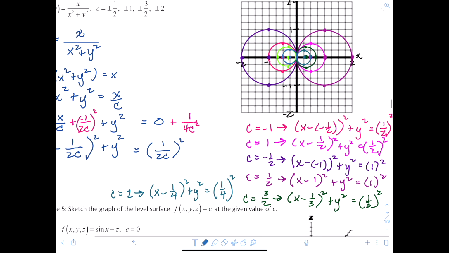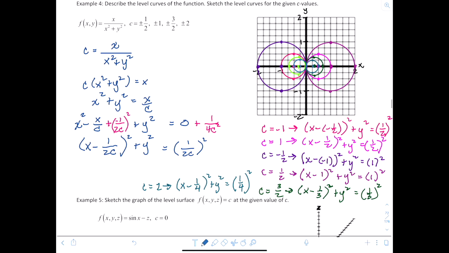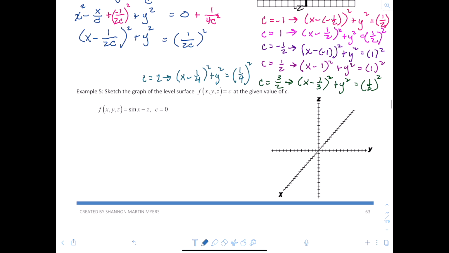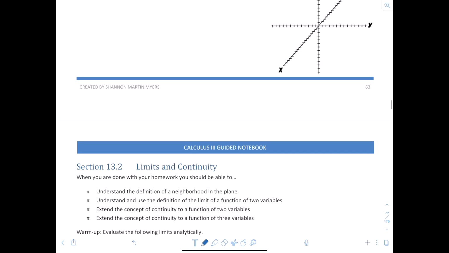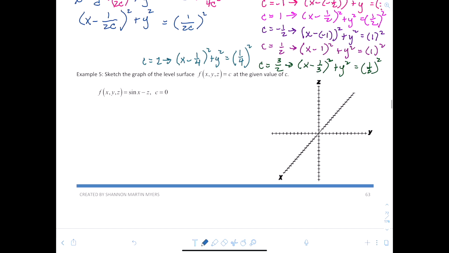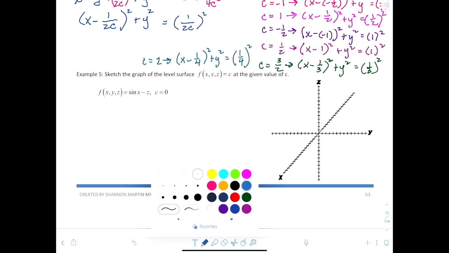All right, so now you also have a situation where you could do a level surface, right? So this will be our last example for 13.1. With a level surface, it's 3D, so we're not going to do quite as much here.